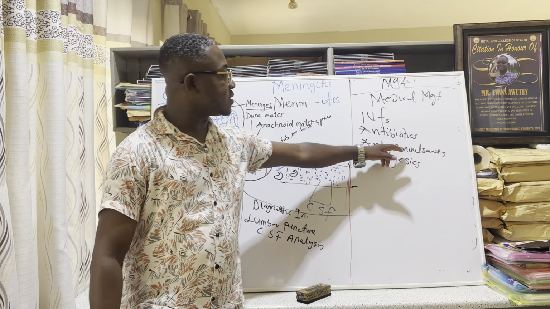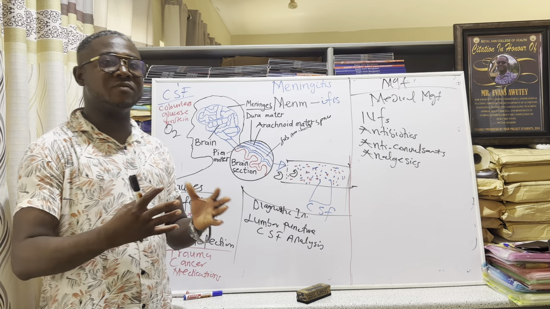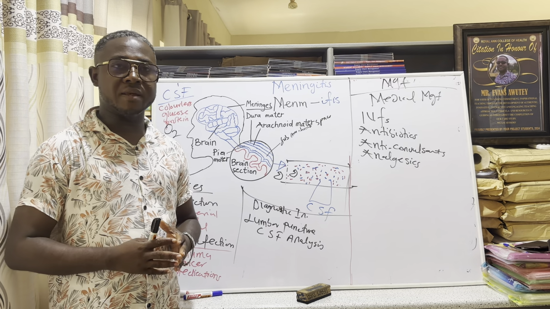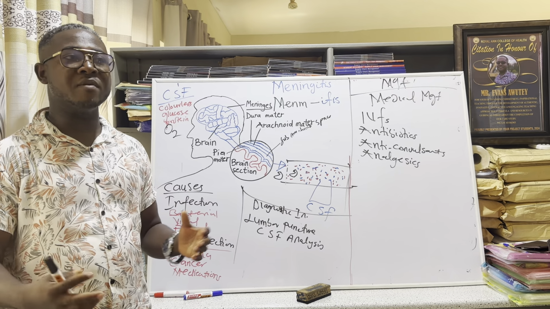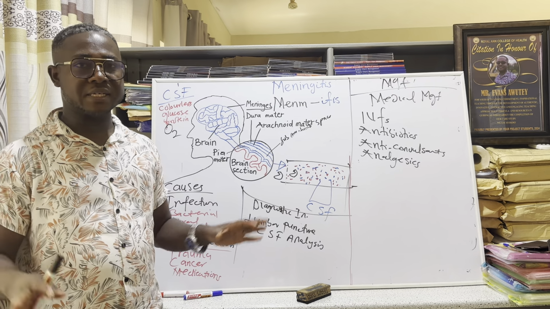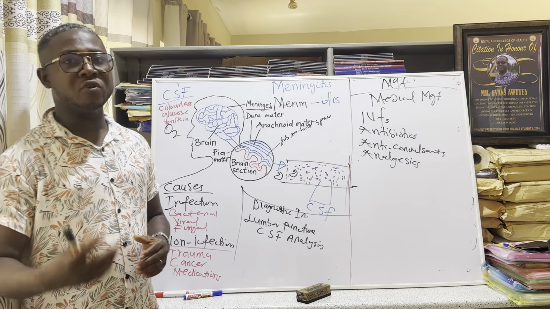And then we also said that in meningitis there is a nuchal rigidity, that is the stiffness of the muscles, the neck muscles and then the leg muscle. So we need to give them a drug that will help to relax the muscles. And one of the drugs is what? Diazepam, phenobarbital.